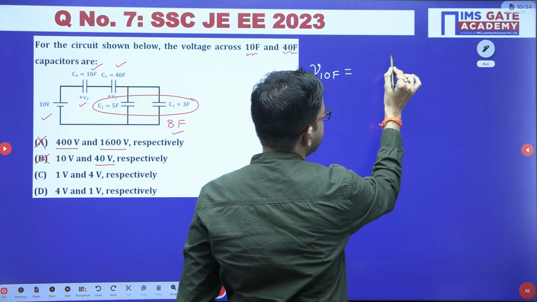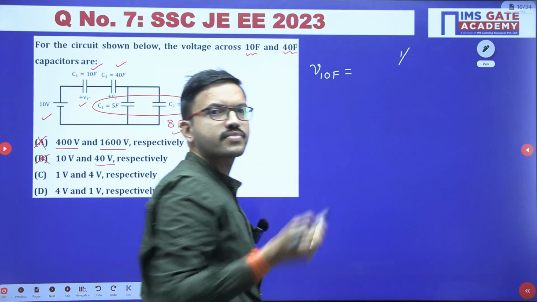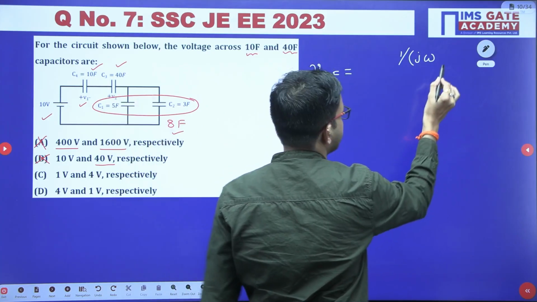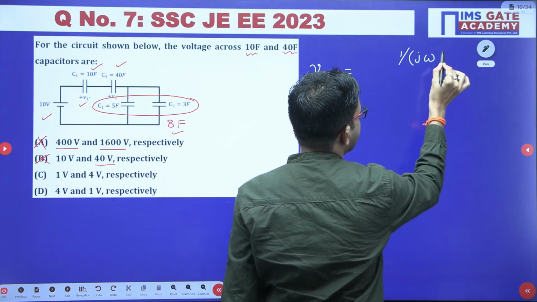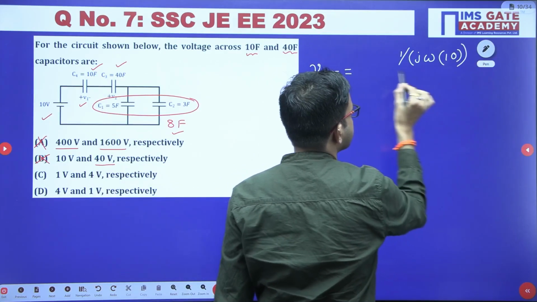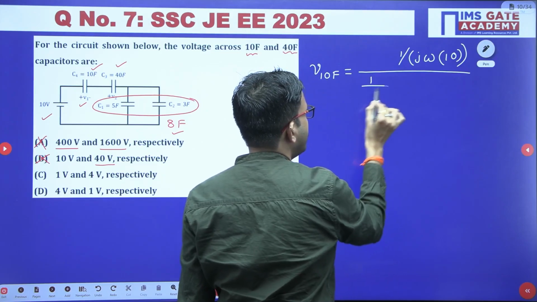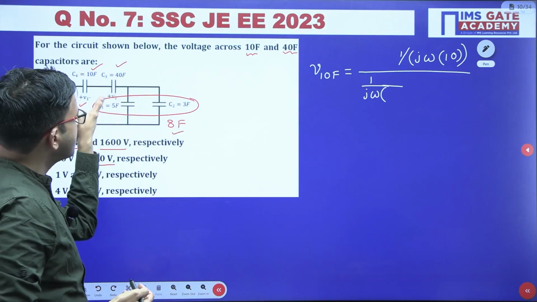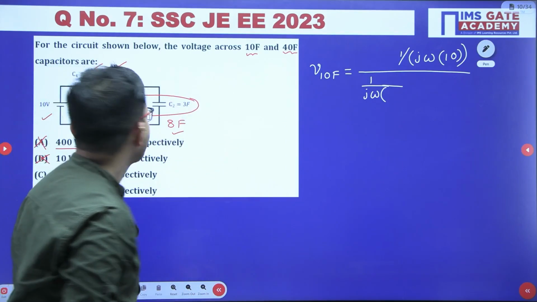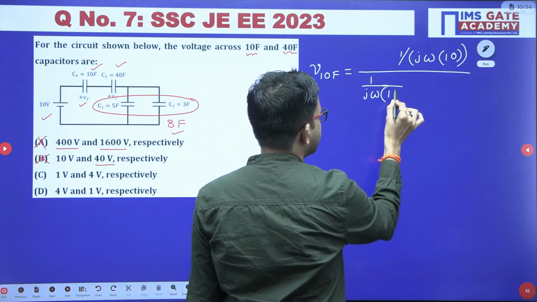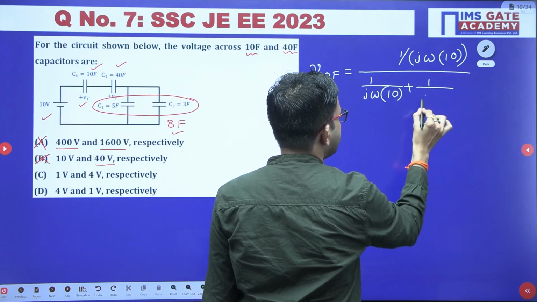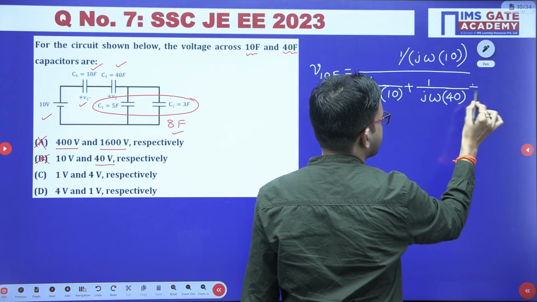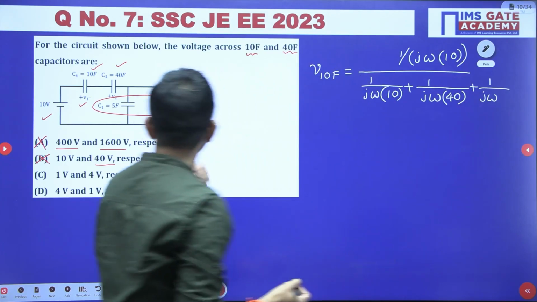So here the impedance is 1 by j omega into C1, and this capacitor value is 10, divided by the sum of the impedances of all the elements: 1 by j omega into 10, plus 1 by j omega into 40, plus 1 by j omega into 8.